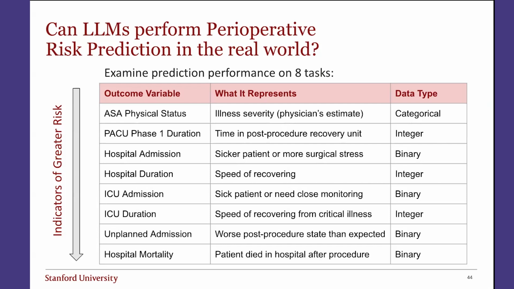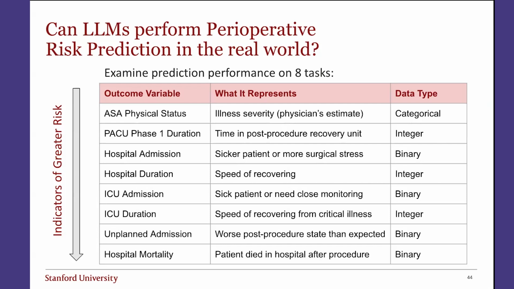We have, however, the data at the UW Medicine EHR, and so we thought of which variables we could easily extract ground truth out of the EHR, and we came up with these 8 different outcome variables.